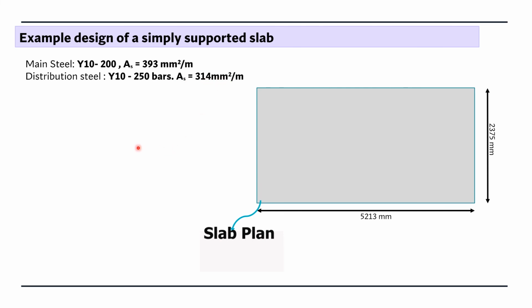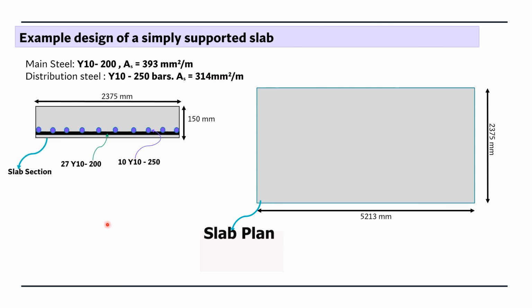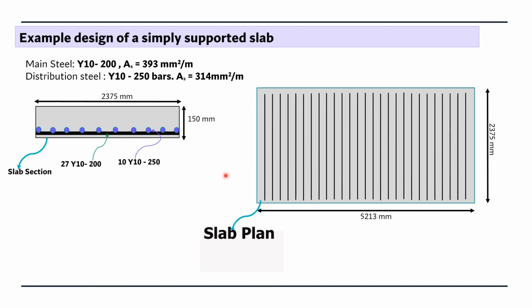So now let's look at the section of the slab panel. Now in this section, look at the span of the slab, which is 2,375 millimeters. Now look at the main reinforcement represented by the black line here, and it's also shown in the plan, spaced at what? 200.